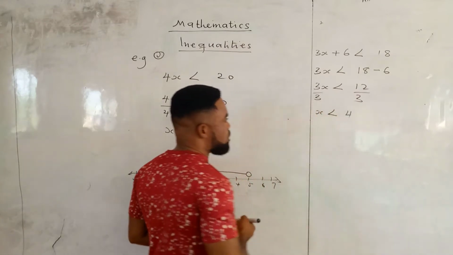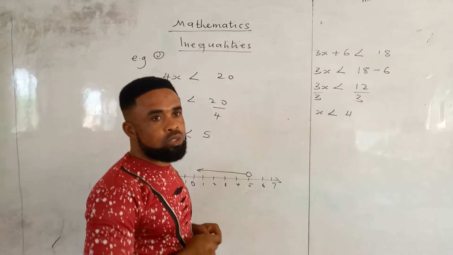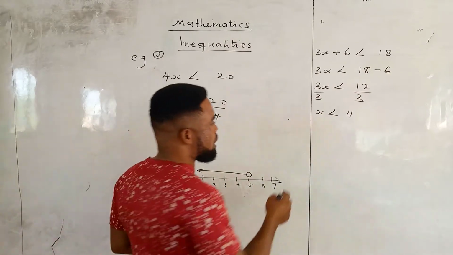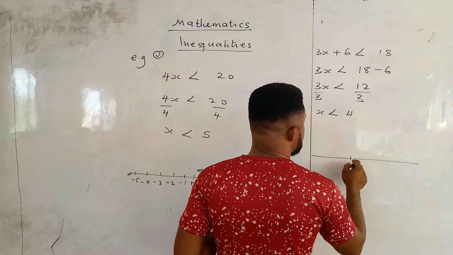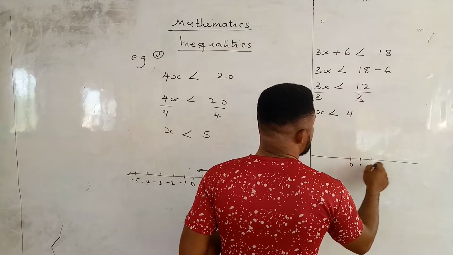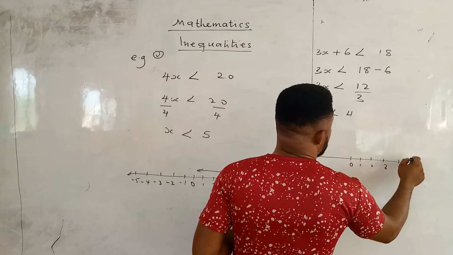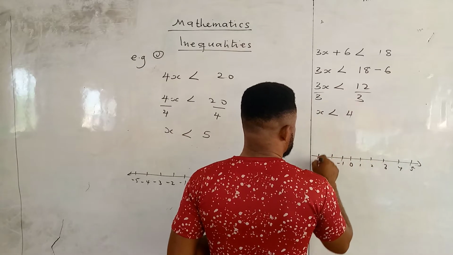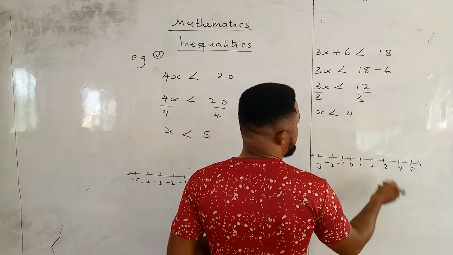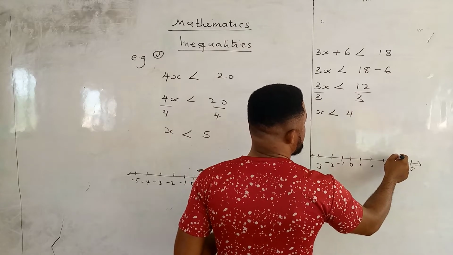Less than 4. So this one too, I believe my students can draw a number line for it. So less than 4, draw your number line. 0, 1, 2, 3, 4, 5, negative 1, negative 2, negative 3. So less than 4, you identify 4.